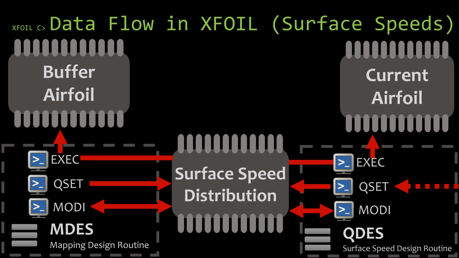It helps you understand, if you want to do a particular task, how you can get to that task and perform it, and what menu you might need to go to. For example, if I want to change the geometry of an airfoil, then I might need to look at the geometry design menu, GDES.